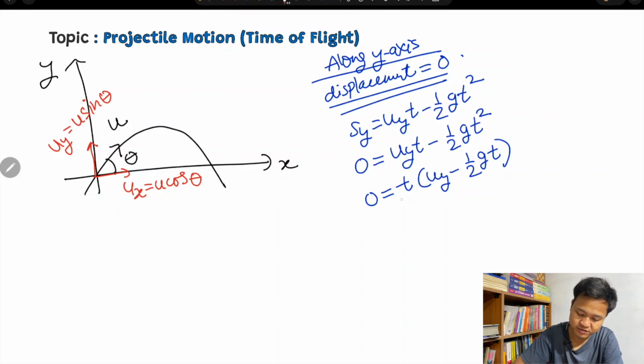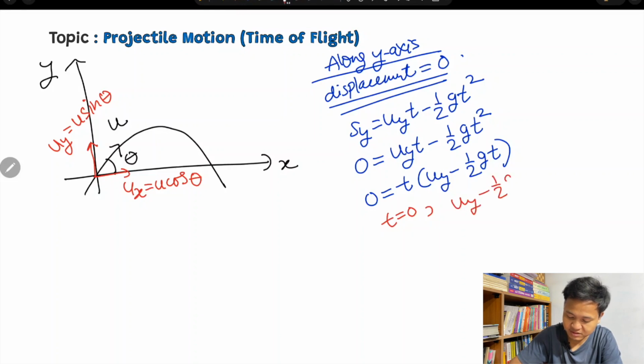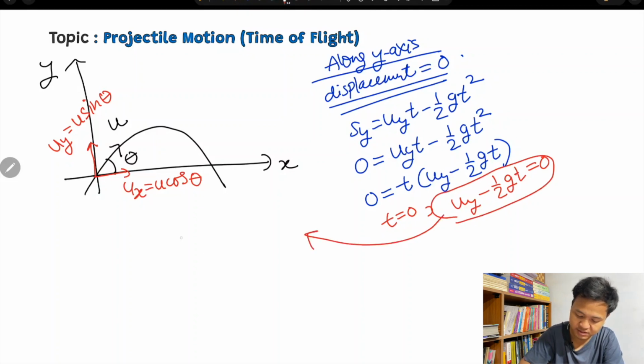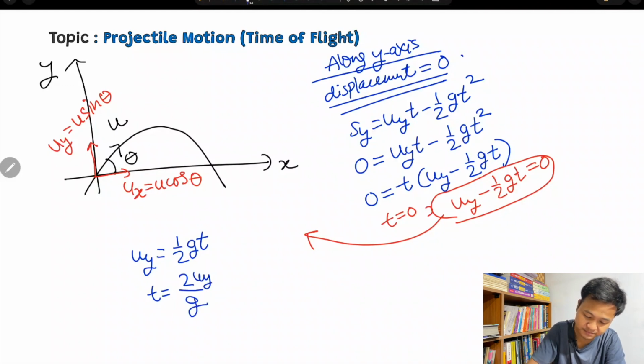The first value is t equals 0. The second value is uy minus half g t equals 0. Therefore uy equals half g t, or t equals 2 into uy by g. So this is your formula for time of flight.